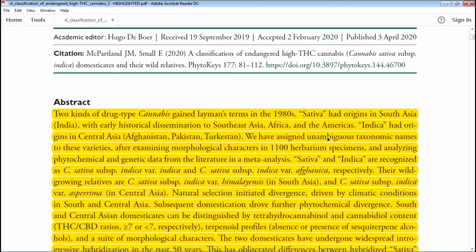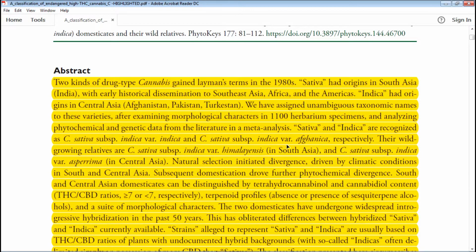We have assigned unambiguous taxonomic names to these varieties after examining morphological characters in 1,100 herbarium specimens and analyzing phytochemical and genetic data from the literature in a meta-analysis. Sativa and indica are recognized as Cannabis sativa subspecies indica variation indica and Cannabis sativa subspecies indica variation afghanica, respectively.